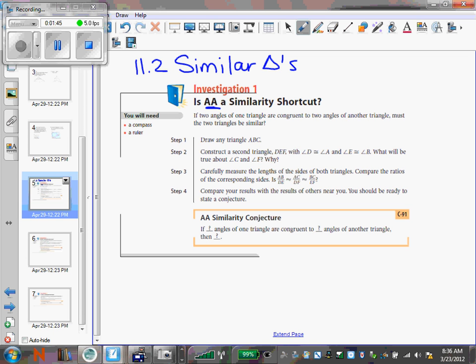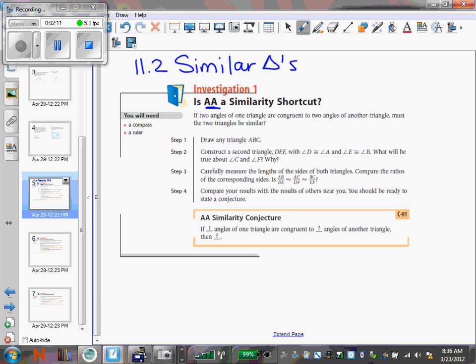Just make sure you save your sketch at the end so that I can look at it. In the book, they want you to make congruent angles by constructing them using a compass. If you would rather copy angles using patty paper or a protractor, that is fine with me.